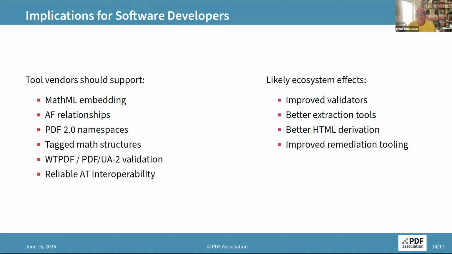Again, we see movement here, and it's very much needed because the goal is to have good accessibility, and so validators should improve the situation. Next slide, please.